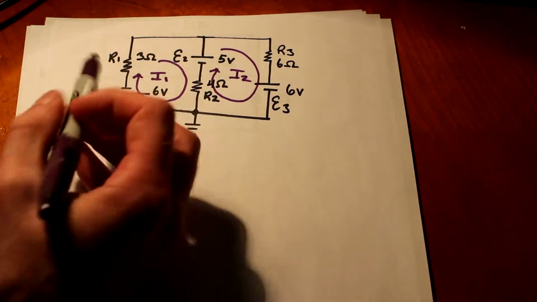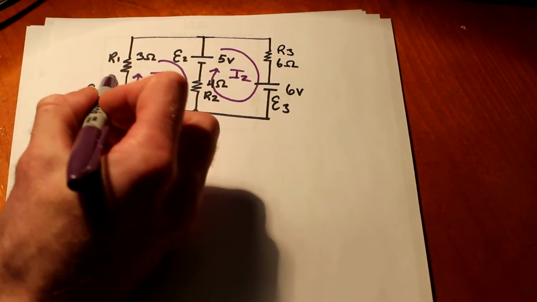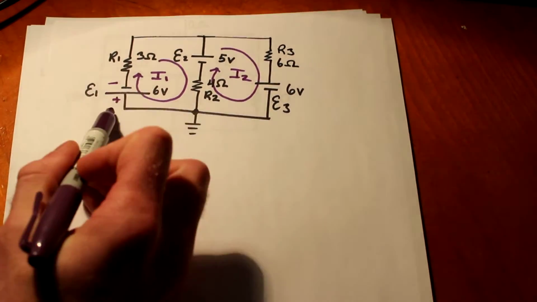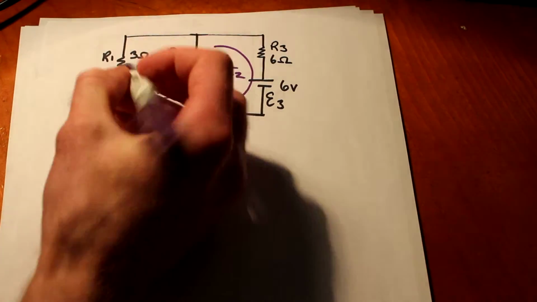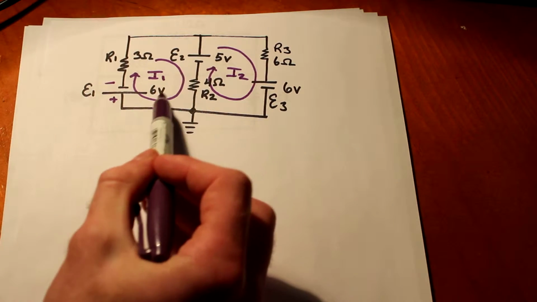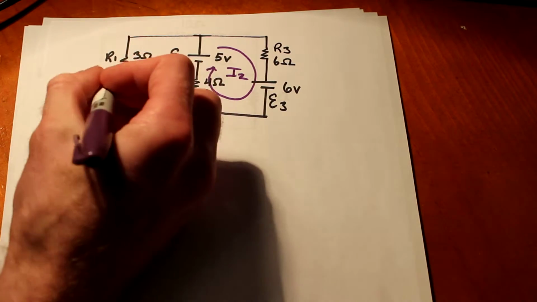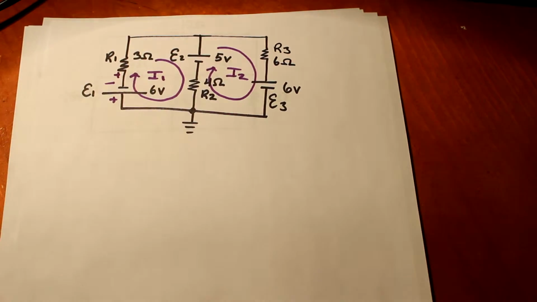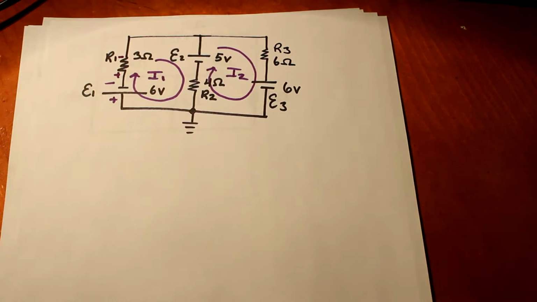So let's put our polarities as step number two. We know that this voltage, where the longer end is there, it's plus here, minus. So then the way to think about the resistors is when the current is going through this little wire, it should be entering your positive portion of the resistor and exiting the negative portion.